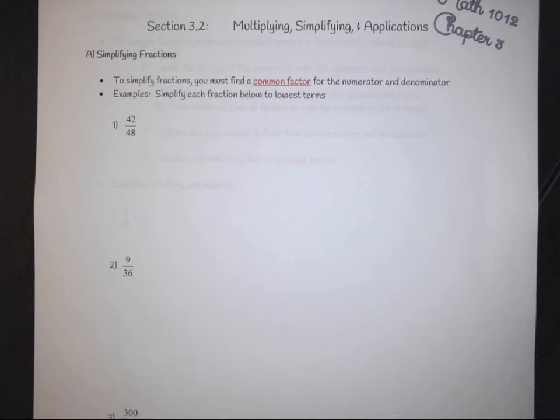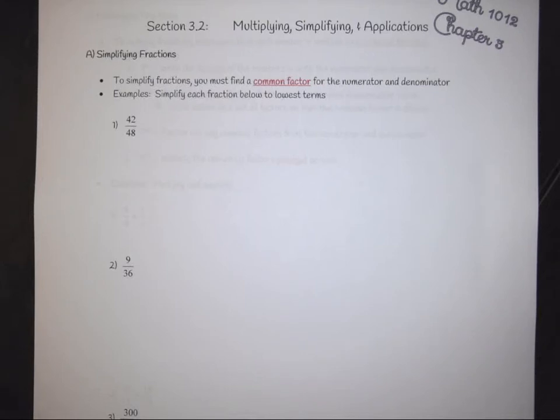So, how to do it? The fastest way to simplify fractions is to look for the largest common factor between your numerator and denominator that you can find. Now, you may be really good at finding common factors, and then more power to you.